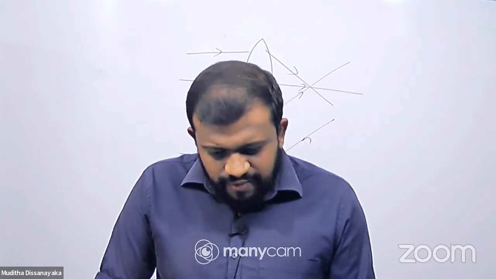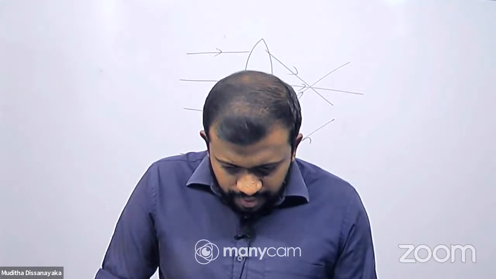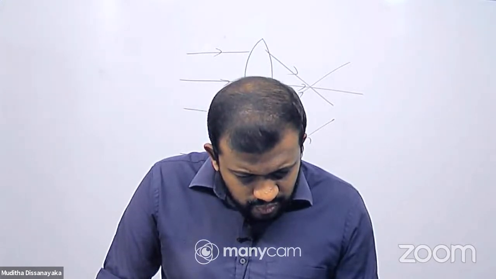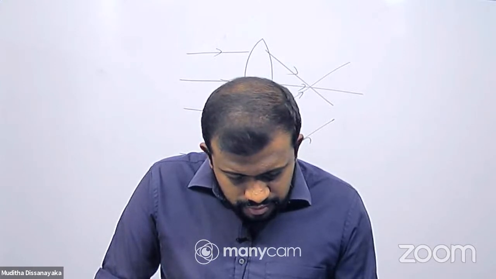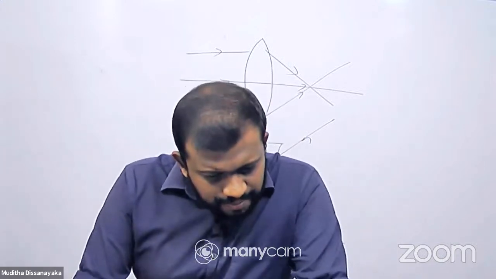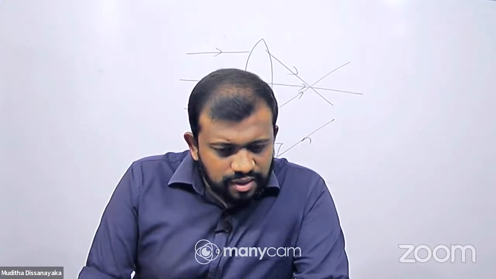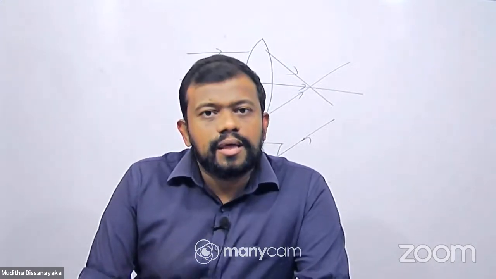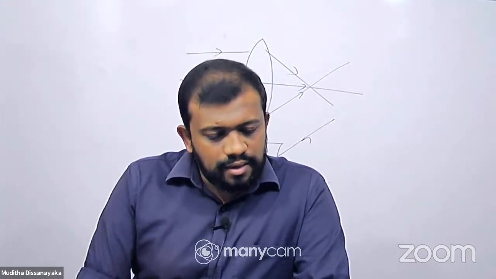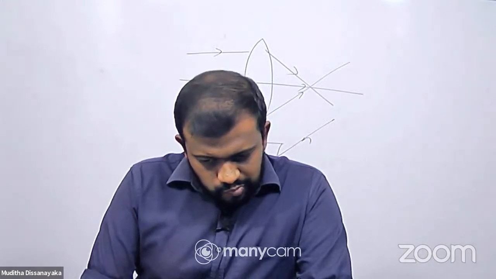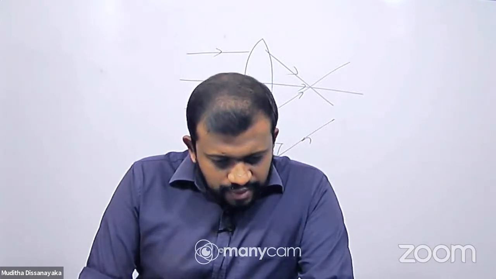First answer C, third part, first answer C. Identify the structure named as H and state its function. Eye lens. The eye lens is focusing the light to the retina.